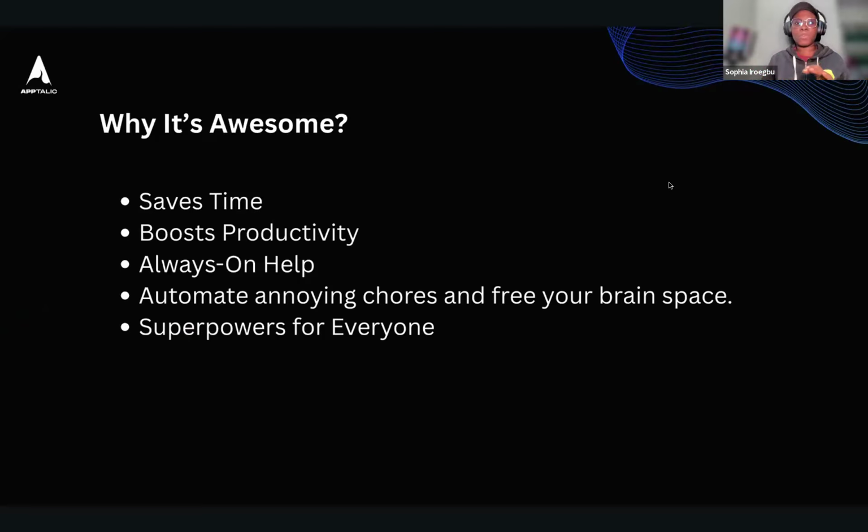I can look for any single thing that is being sold on Amazon, give it my maximum budget, and it goes through the websites and looks for what I want. If it can't find that, it will give me a recommendation. So this saves me so many hours of going through Amazon and looking for what I want. The third reason is it boosts my productivity.